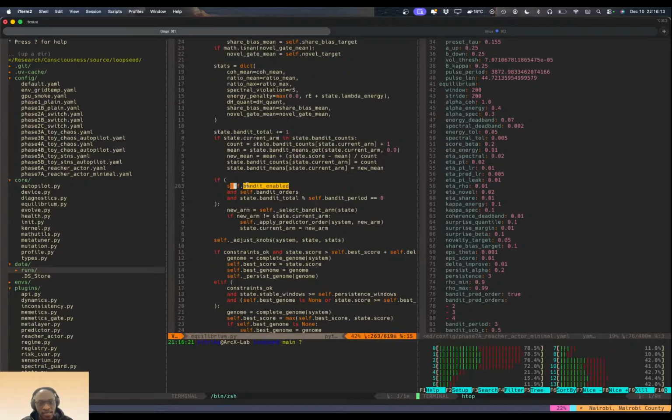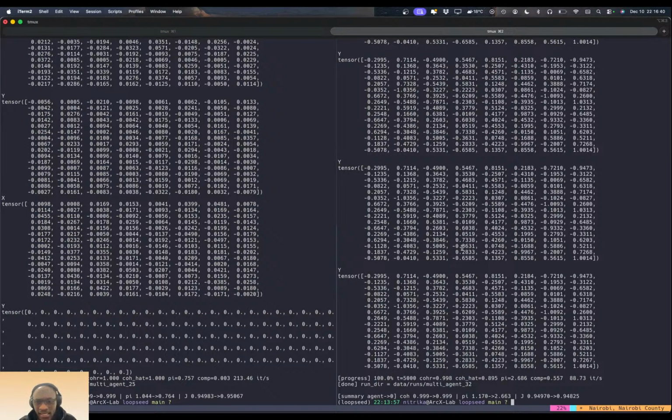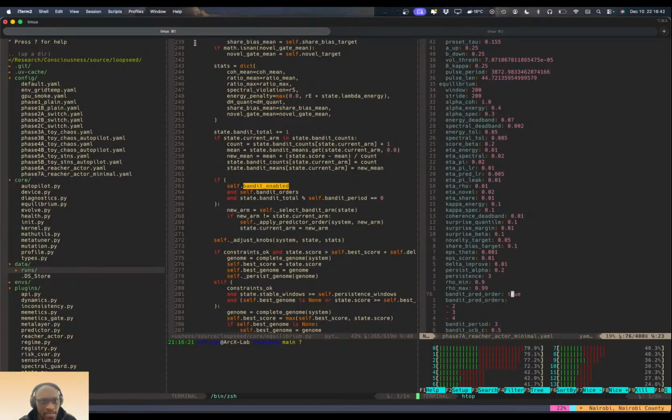Then with bandit order, when the bandit total mod period equals 0, we change the system, like we are just updating the system in real time. So we turn that off and turn it back on first and see what happened. If I change this and turn it back on, what happens?